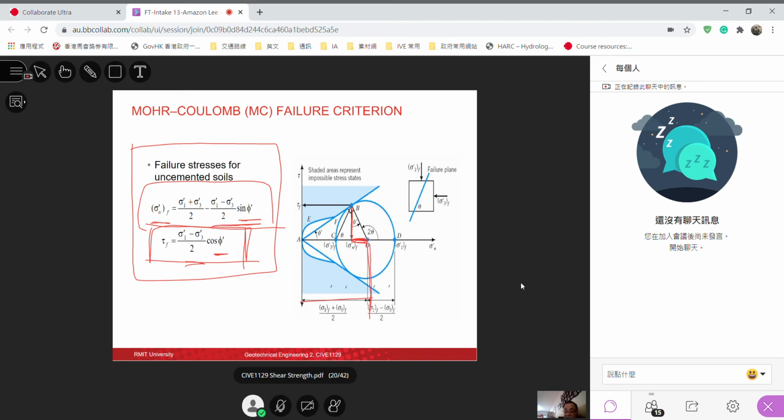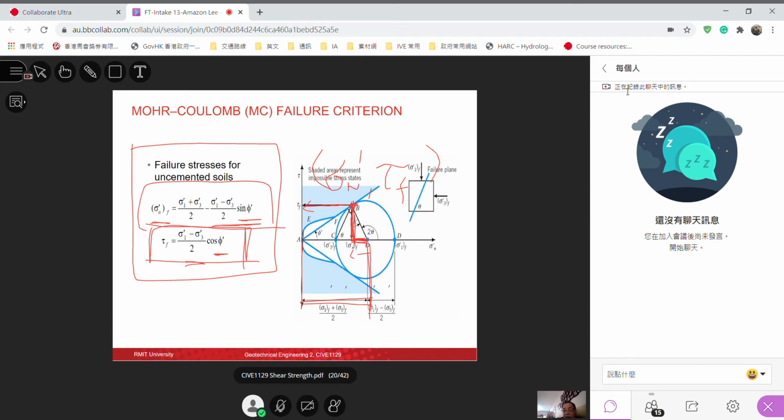So from here to here, subtract here, then you get the normal stress. Now here is your plot. Here is the normal stress at failure and shear stress at failure, this point, the failure point. The normal stress at failure, the shear stress at failure.